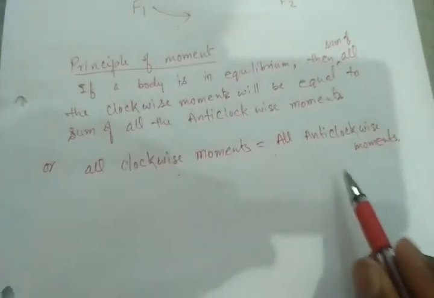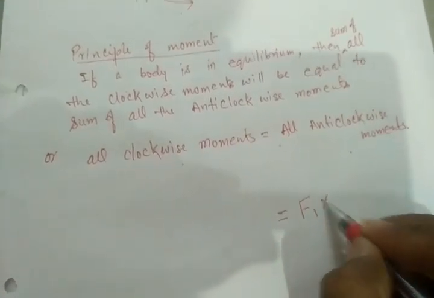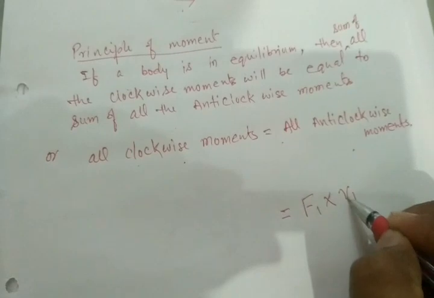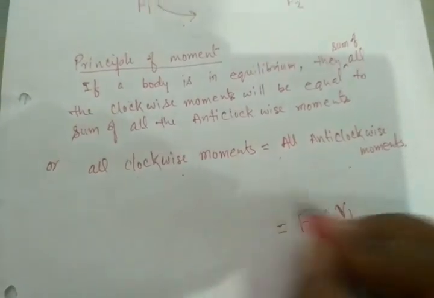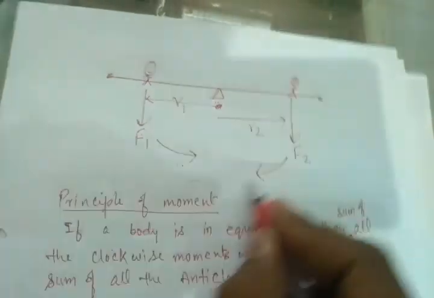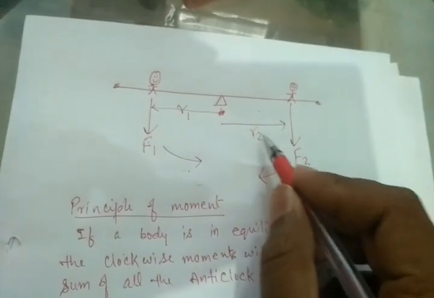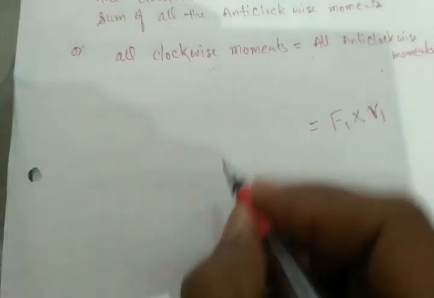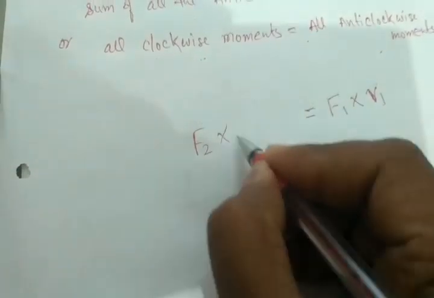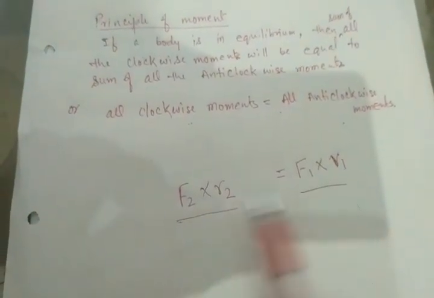So write the equation: force times perpendicular distance, F1 into R1, should be equal to the clockwise moment. This other force turns the scale in the clockwise direction, so it is F2 into R2. According to the principle of moments, the clockwise moment equals the anti-clockwise moment.